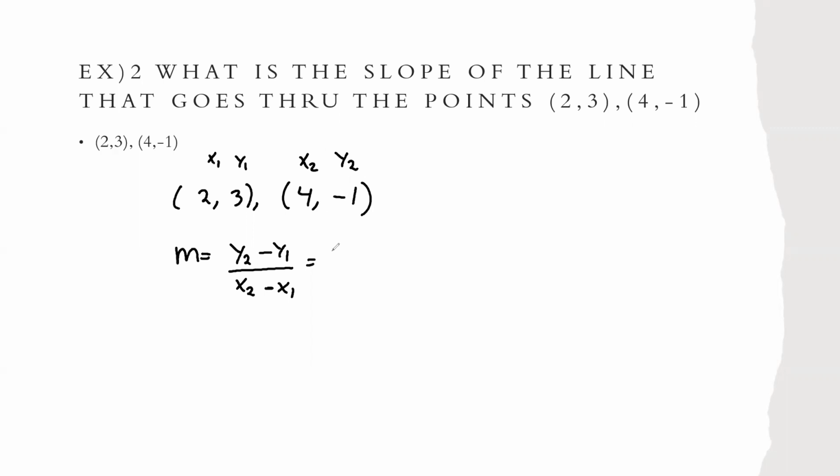So what's my y2? It's -1 minus my y1, which is positive 3. And then on the bottom, it's x2, which is 4, minus x1, which is 2. Okay, simplify this. On the top, what is -1 minus 3? It's -4. And on the bottom, what's 4 minus 2? Positive 2.